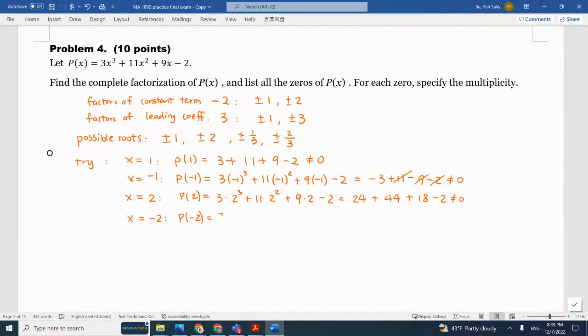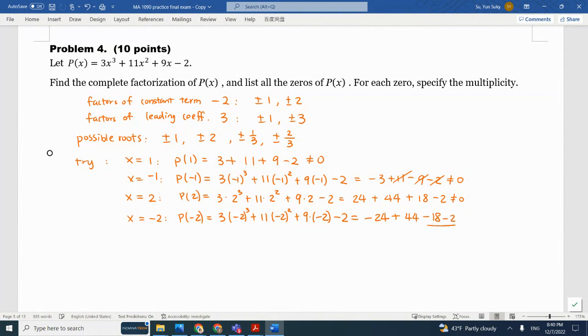-2. So -2 cubed, -2 squared, -2. -2 cubed is -8. 3 times -8 is -24. -2 squared is +4 times 11 is 44. 9 times -2 is -18.